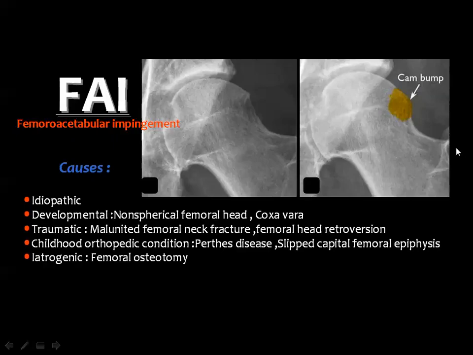And this is an example of the CAM type where you see a bump or a bony protrusion at the junction between the head and the neck of the femur compared to the normal appearance.